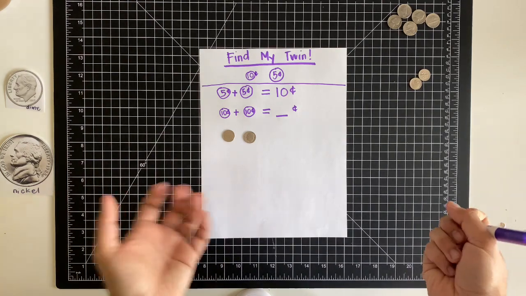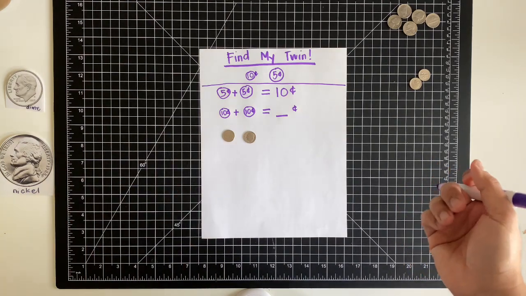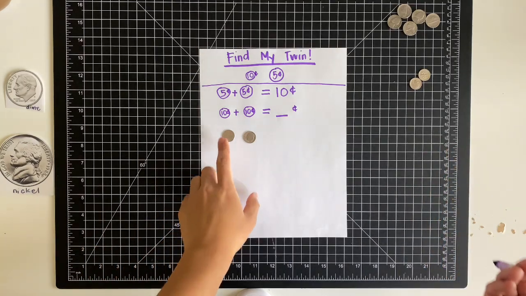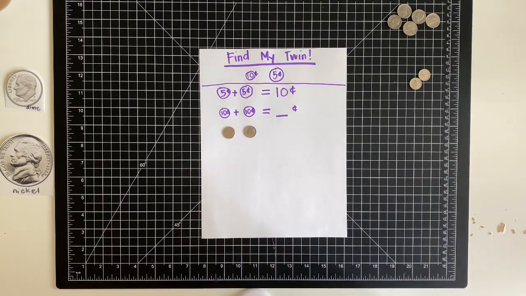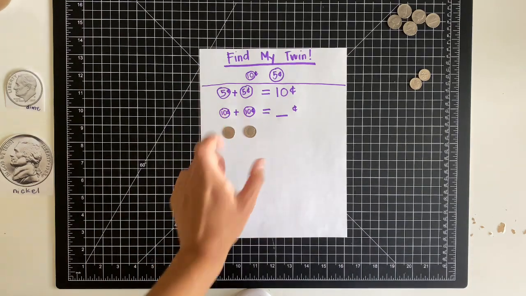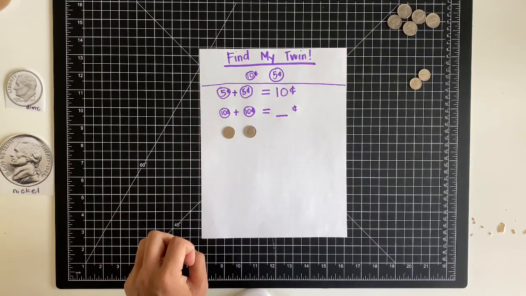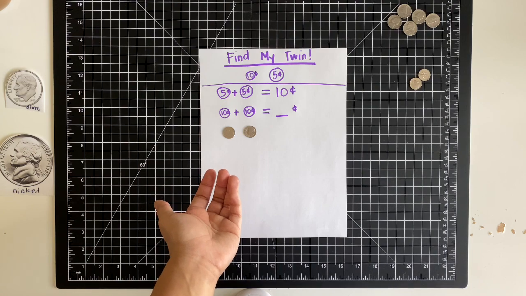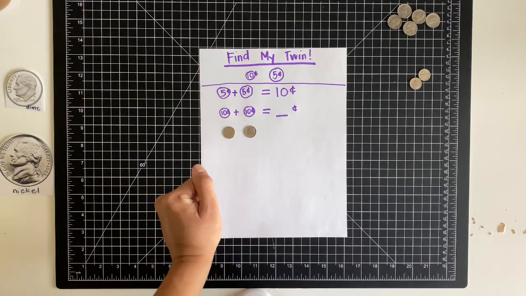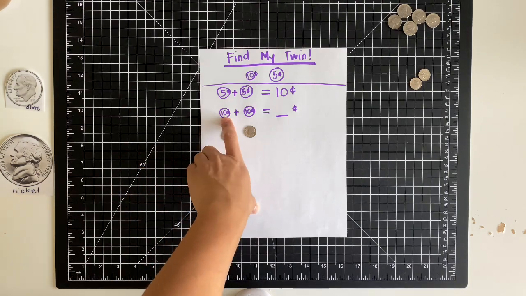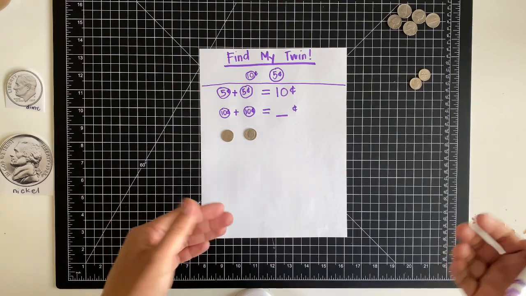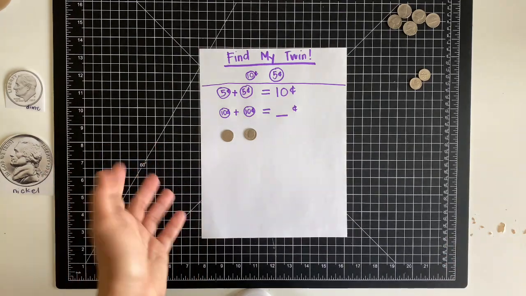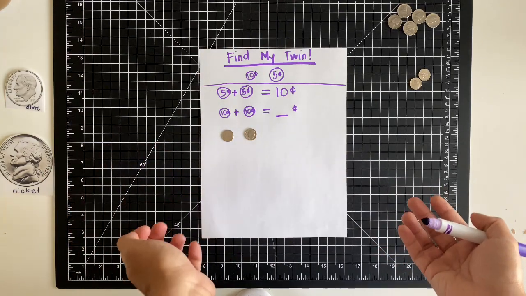You can use your fingers and your toes, but that might take a long time. There's another strategy, a faster strategy you can use to add both coins together. Well, how can you solve it? Friends, you can skip count again. Look, I have a group of 10 here, and then I have another group of 10 here. When we skip count, we're counting out groups of 5s or groups of 10s or groups of 2s.